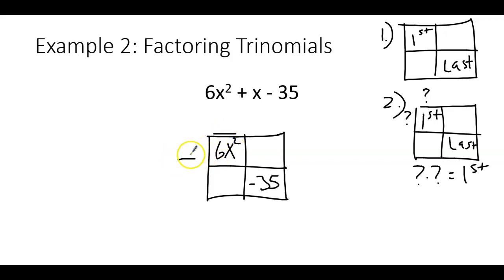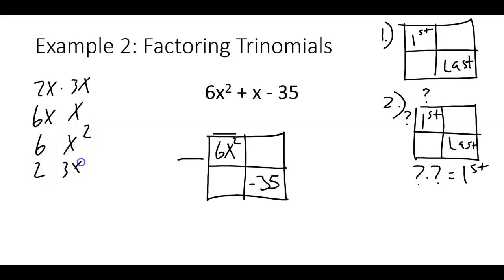Well, there's a lot of different possibilities you could pick. You don't need to write this, but I'm just going to write them off on the side really quick. There's 2x times 3x. There's 6x times 1x. There's 6 times x squared. There's 2 times 3x squared. There's 2x squared times 3. I mean, there's a lot of different things you could pick.